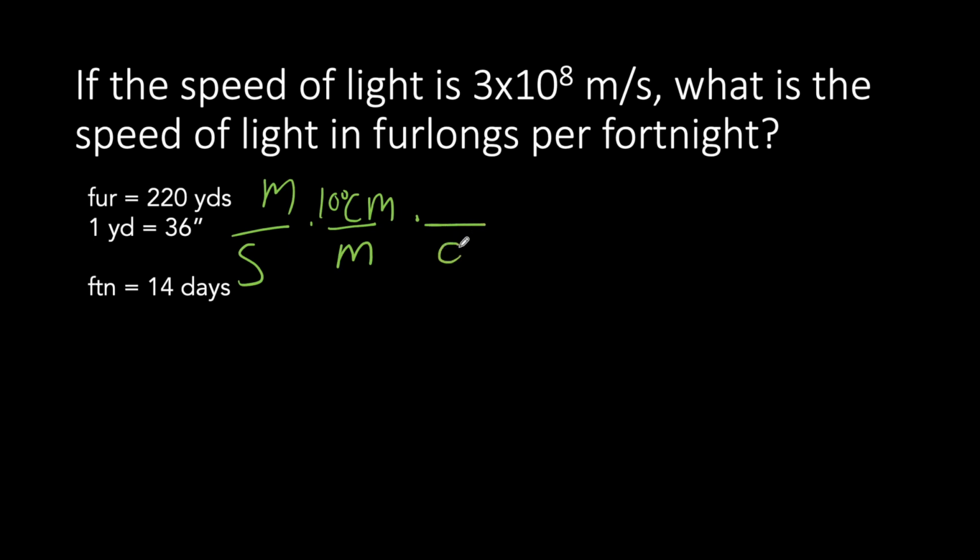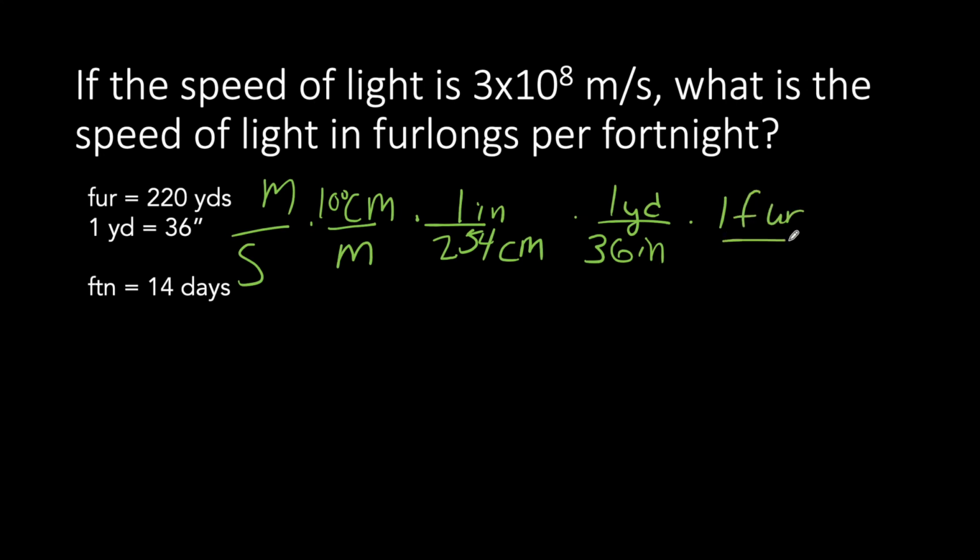So I have 1 centimeter, so I have 2.54 centimeters in 1 inch. And then I know I have 36 inches in 1 yard times 220 yards in 1 furlong, so 1 furlong in the numerator is 220 yards in the denominator.